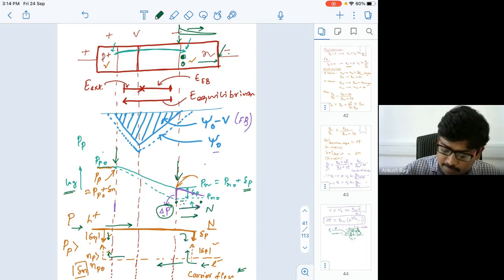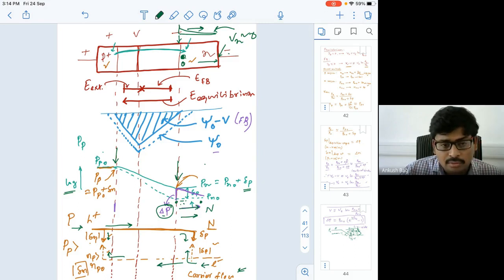As per that assumption, whatever voltage we apply outside, that essentially appears across the space charge region. We considered that the voltage appearing in the quasi-neutral region, that is Vn, is closely equal to 0. That is why there will be no drift of these injected holes, and they will diffuse.